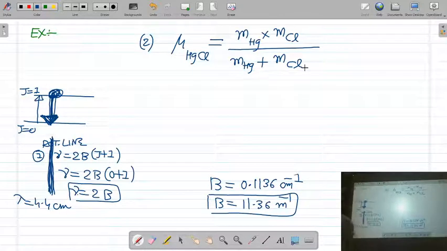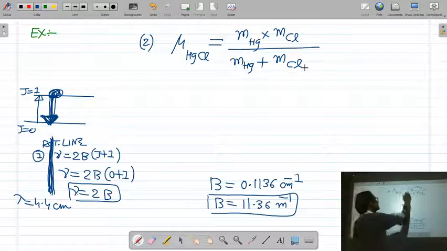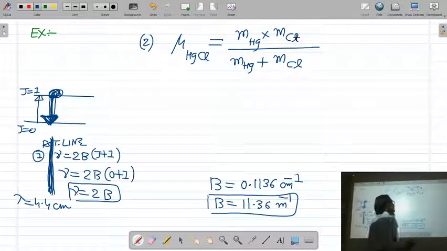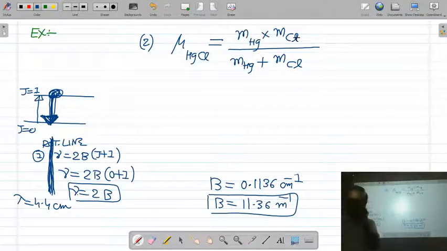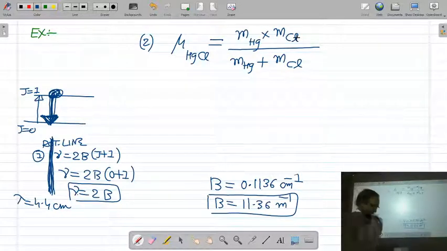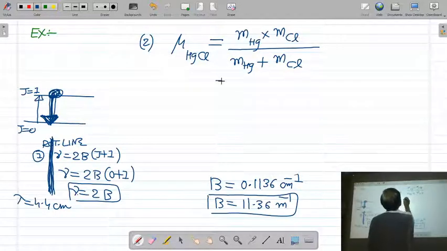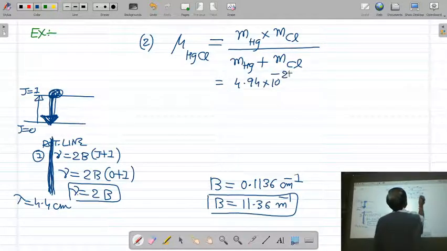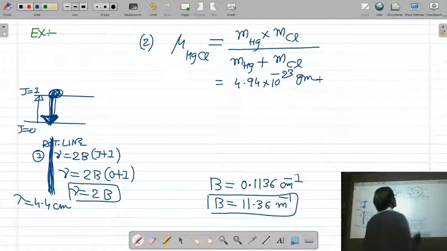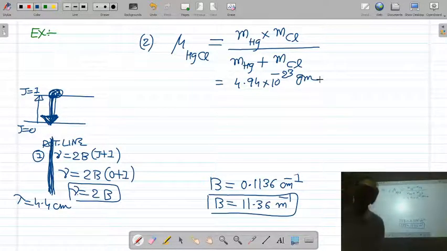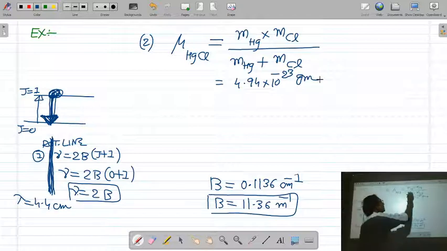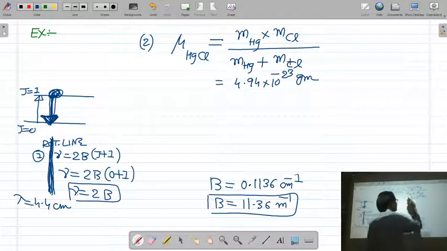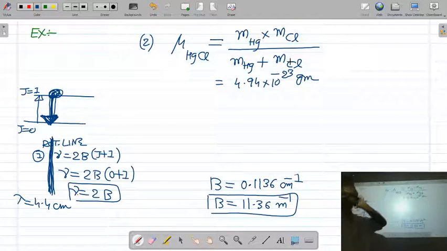You can calculate the reduced mass of the HgCl molecule using the mass of the mercury atom into the mass of the chlorine atom divided by m_Hg plus m_Cl. If you substitute the values, we get the reduced mass of the HgCl molecule as 4.94 into 10 to the minus 23 gram.